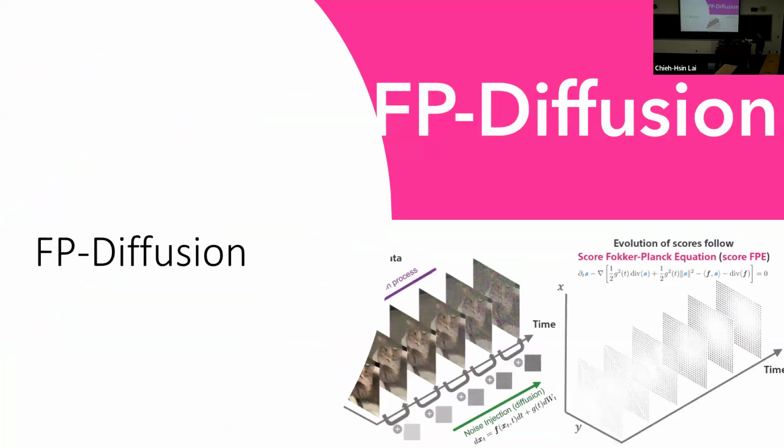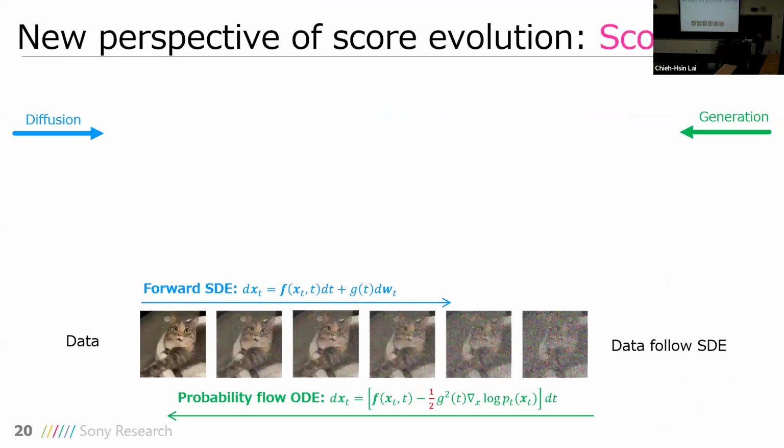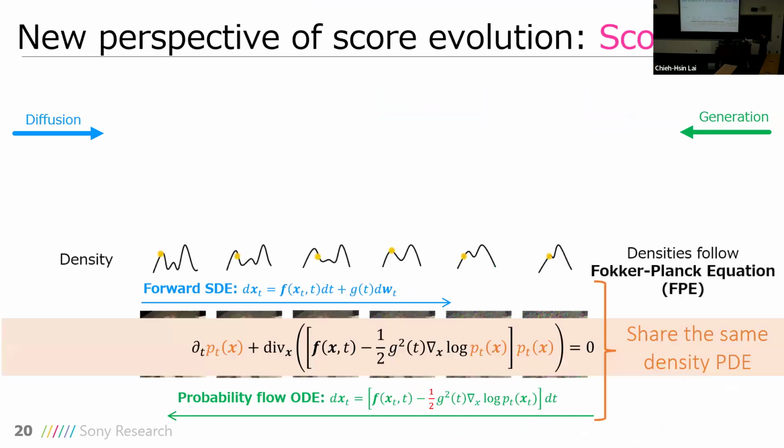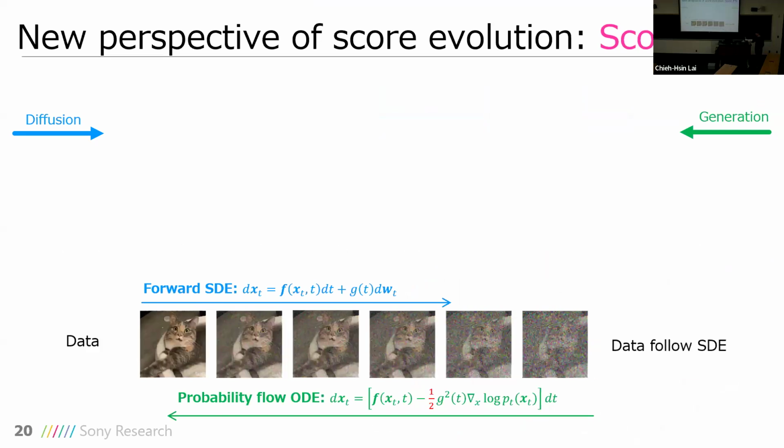Our work, called FP-Diffusion, where FP means Fokker-Planck diffusion model, is trying to mitigate it. I don't have enough time, so I will just introduce the high-level idea. As I explained up to this point, the diffusion model has a lot of underlying mathematical structure.